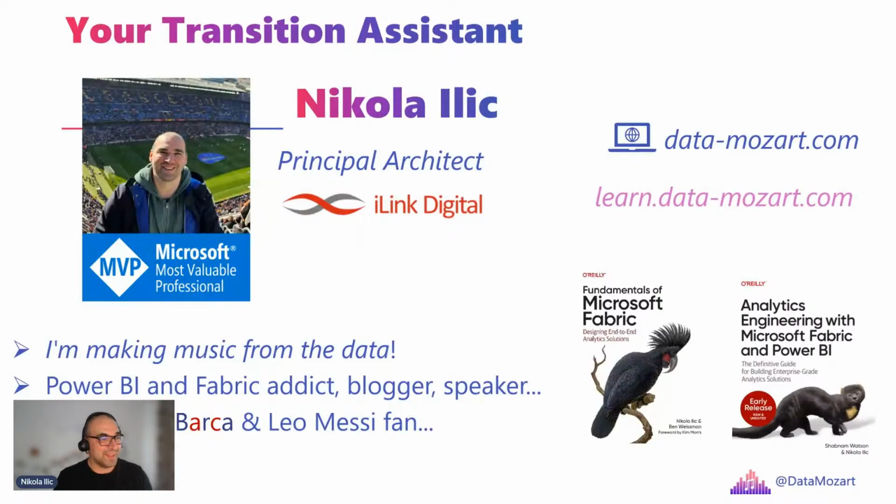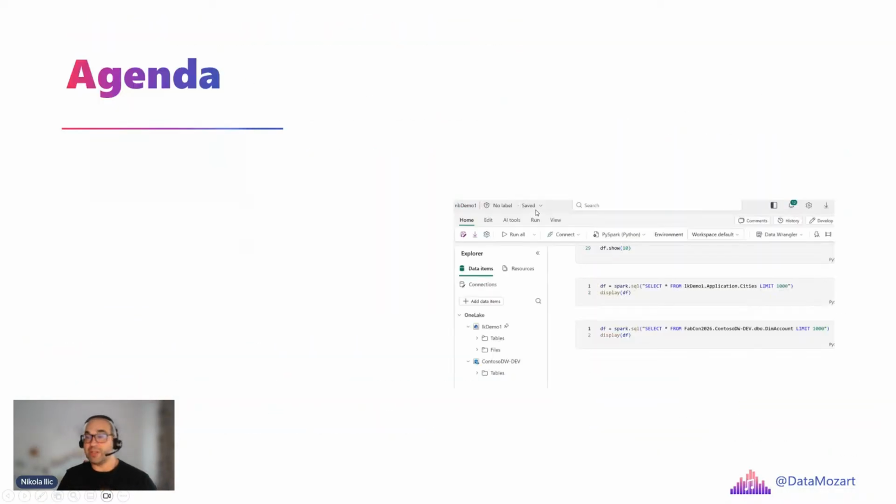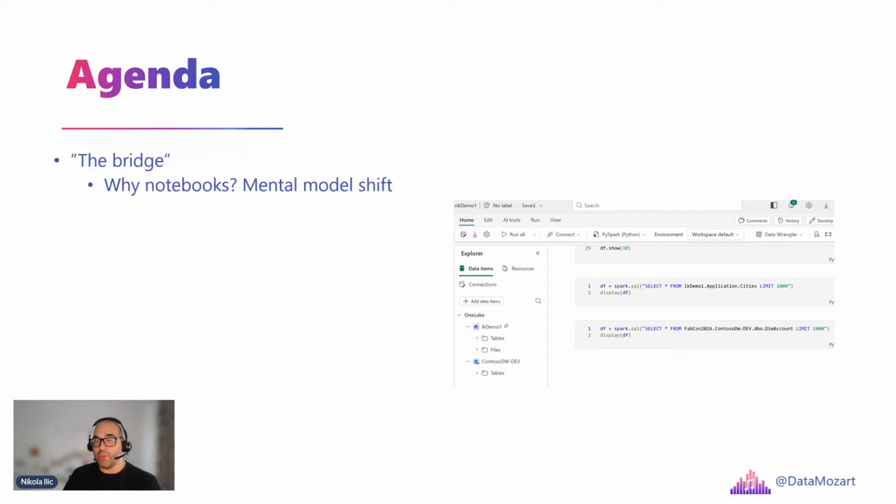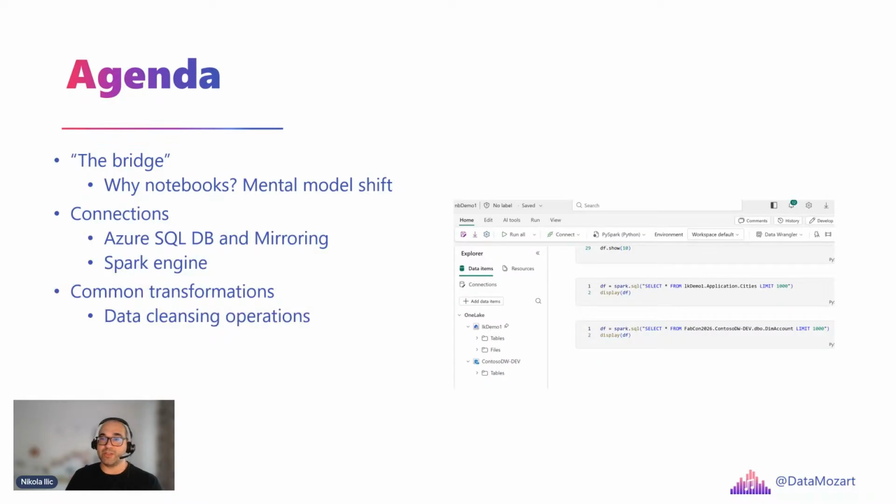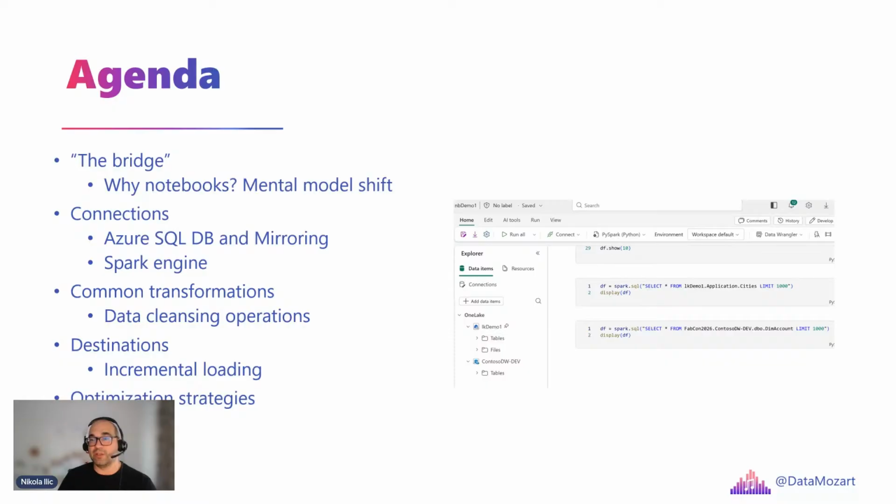So what's on our agenda for today? We will start with the bridge: when to reach for notebooks versus staying in data flows, then different types of connections, Spark engine basics, some common transformations, a side-by-side comparison, optimization techniques like V-Order, destinations, incremental loading, and takeaways.